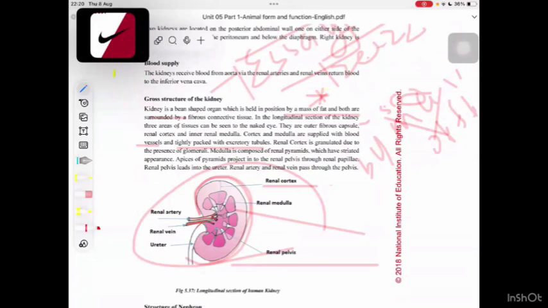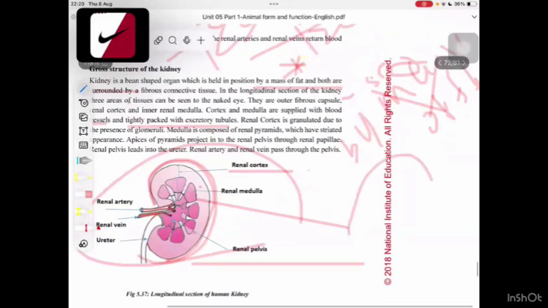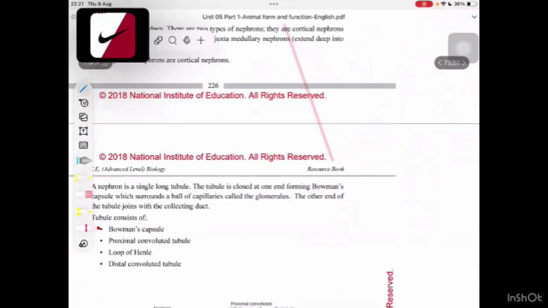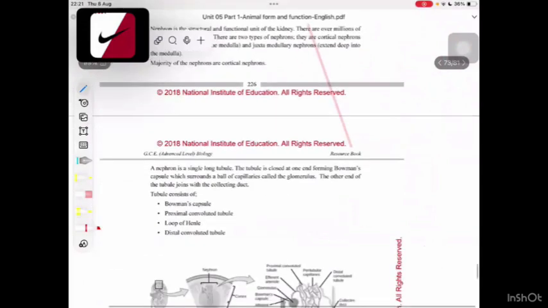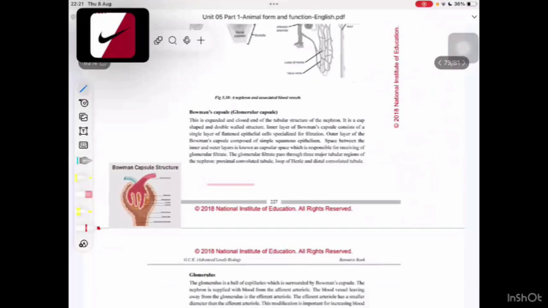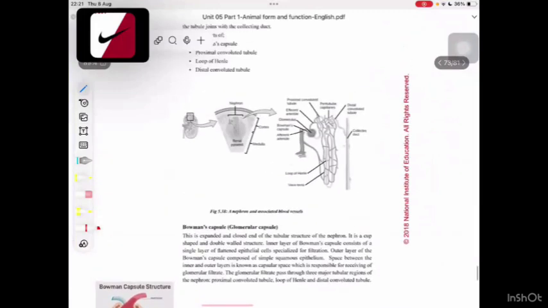The renal cortex is granulated due to the presence of glomeruli. You can't see it here, but if you take a good image, you can see granules. Now you will wonder what glomeruli are. I will show you the diagram. This is a glomerulus.